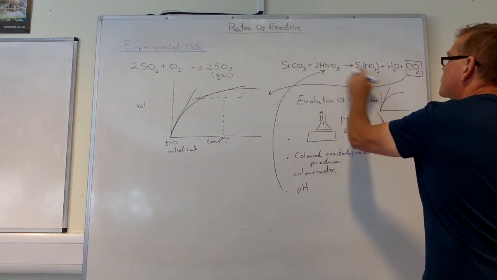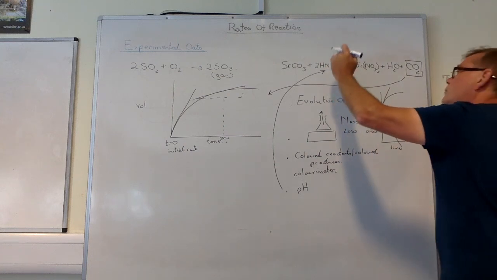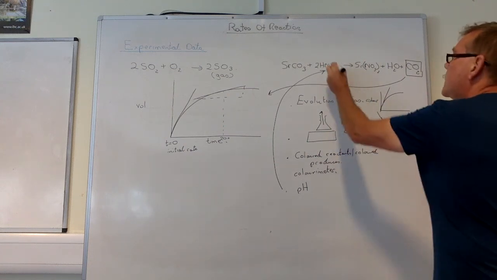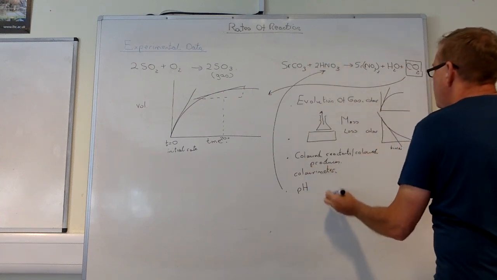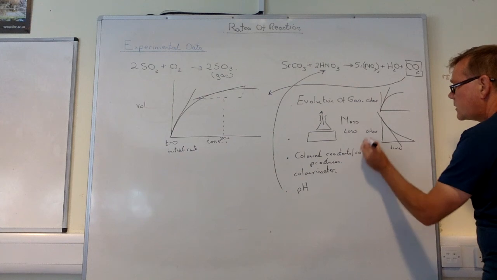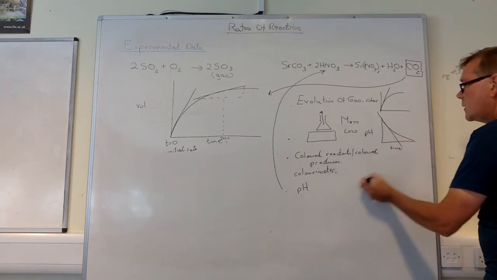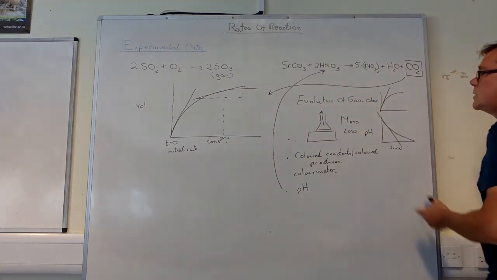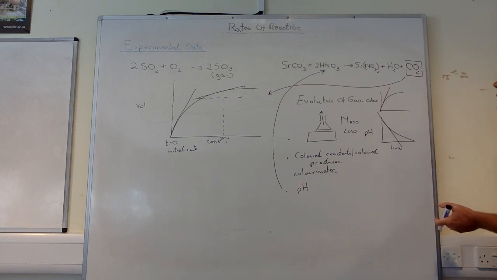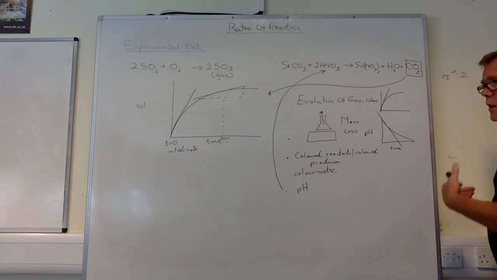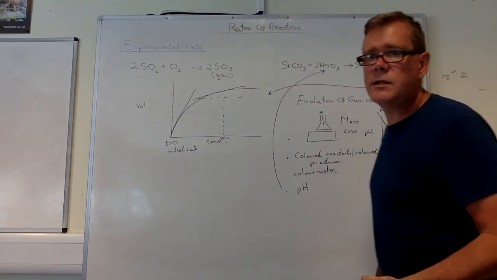But you can't look and see concentration. If you put a pH meter in, then as the acid is used up in the reaction, its concentration will decrease. You're going to get a graph that, rather than colour, shows pH decreasing as the nitric acid is used up. So there are a number of different ways to measure the progress of a reaction and calculate the rate of the reaction.